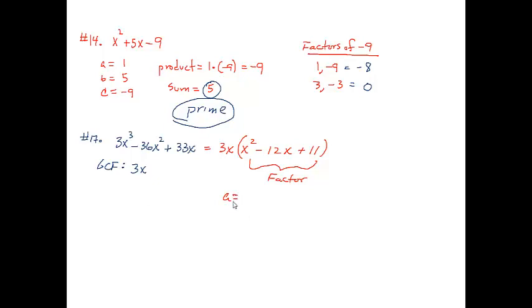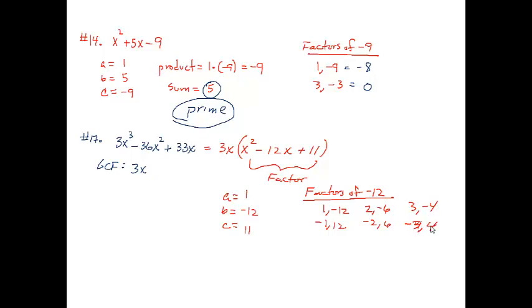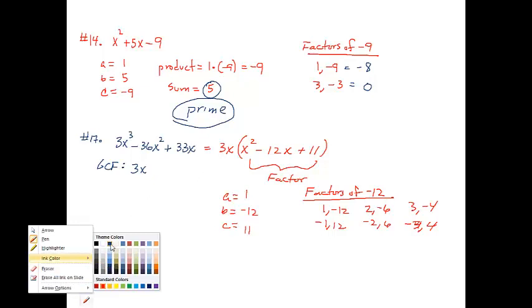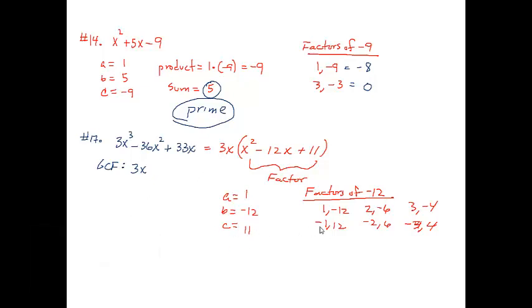So we have the a, the b, and the c. Inside the parentheses, a is 1, b is negative 12, and c is 11. And then you get to write out your factors of 11, and out of all these factors, which ones add up to negative 12?